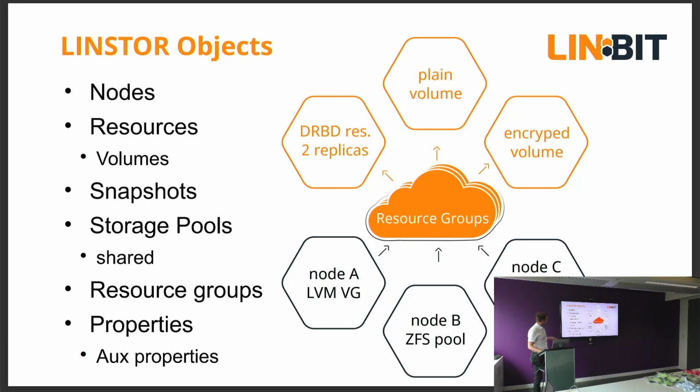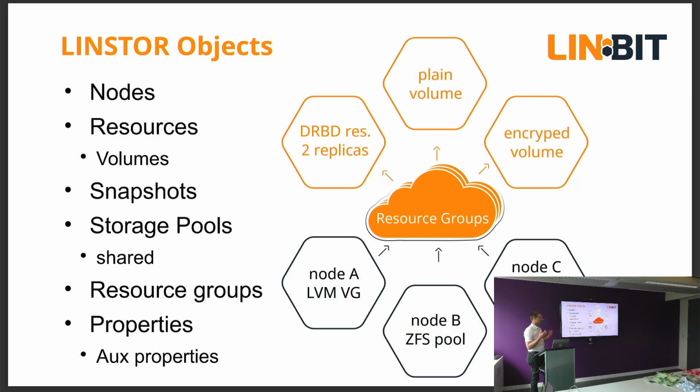Then you have snapshot objects, which of course store the snapshots you do with LINSTOR. A storage pool would be your mapping to the LVM volume group or the ZFS pool. They can be shared in more complex setups, but usually you don't see them. And resource groups is then the mapping which you'd use as a primary storage in CloudStack.